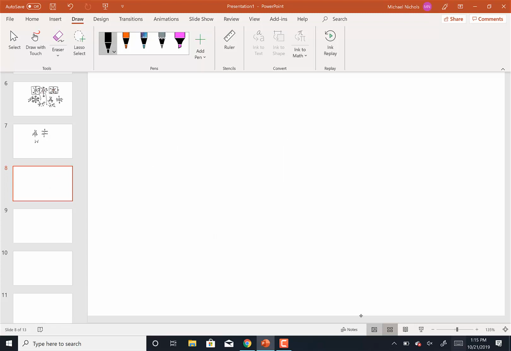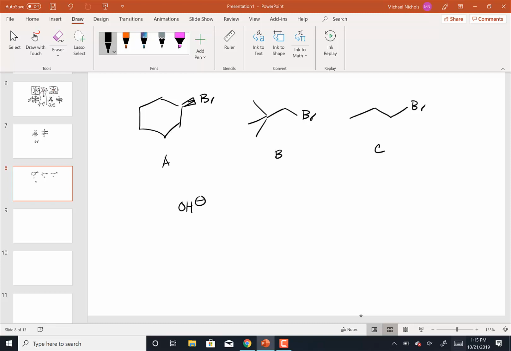And I have a question. Of these three, A, B, and C, which one of those reacts with hydroxide the fastest?